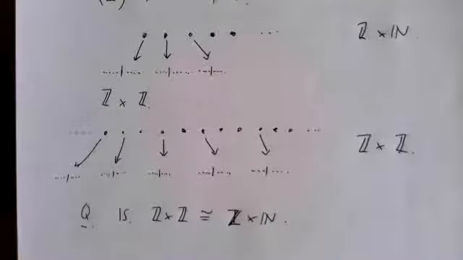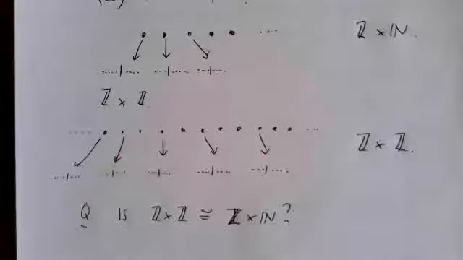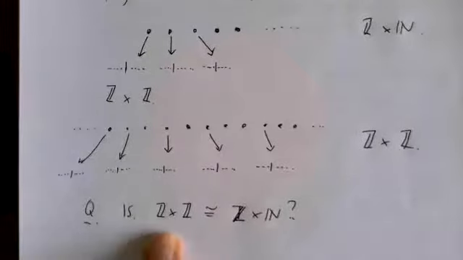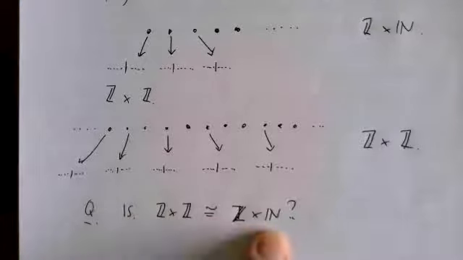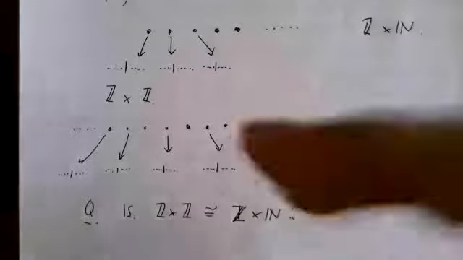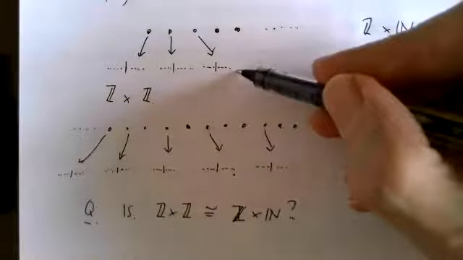So how do you approach the question? Well, if you wanted to prove they're isomorphic, you would have to have a bijection between here and here. So one-to-one onto, and it preserves the ordering. So somehow it would be a map from this to here, preserving the dot picture.